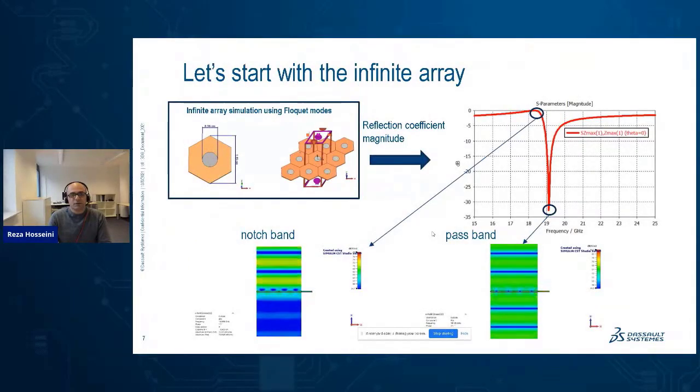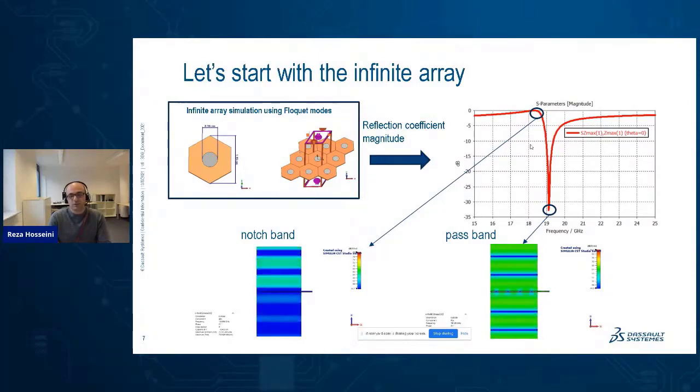So, as I said, we start with the infinite array. Using the Floquet mode analysis, we can find the transmission and reflection. On the left and right here, this is the reflection coefficient for that structure. It shows that at the frequency of 19.2 gigahertz, we have a sharp dip in the reflection, meaning that the field can pass from one side to the other, so it can go through the structure.